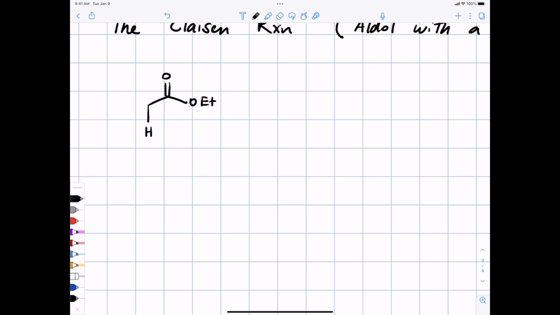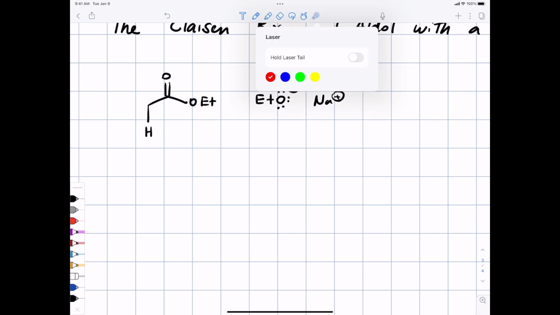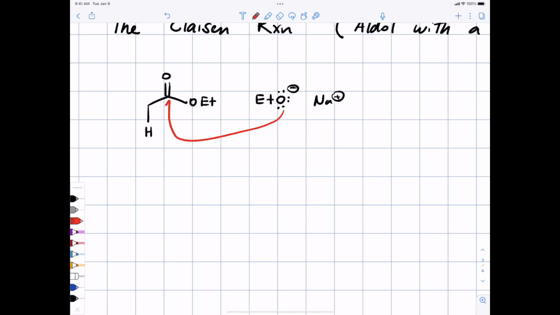But let's just say that we use some strong base, in this case sodium ethoxide. We are using ethoxide so that we don't have to worry about this base acting as a nucleophile and attacking the carbonyl carbon. If it did, we don't care, because the only thing that's going to happen at that point is you kick off one of the 2 ethoxide groups and you go back to starting material.